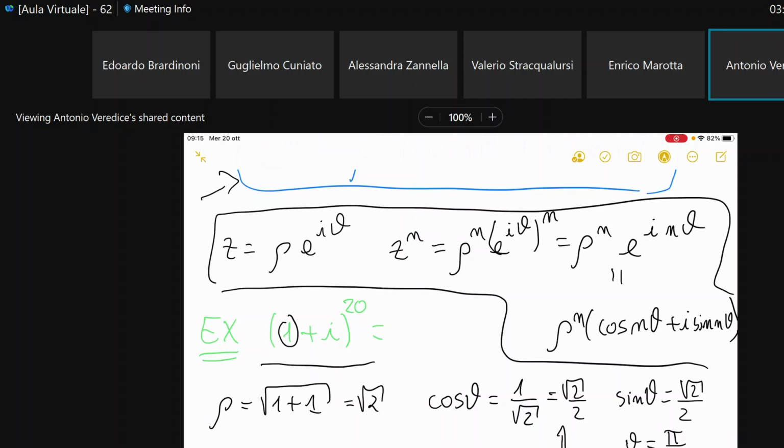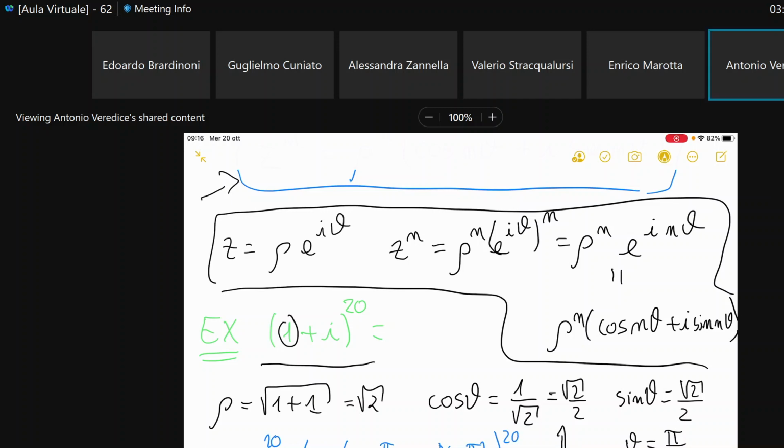And we can write this number in the trigonometric form. So 1 plus I to the power of 20 turns out to be equal to square root of 2 times cosine of pi over 4 plus I times sine of pi over 4, to the power of 20.